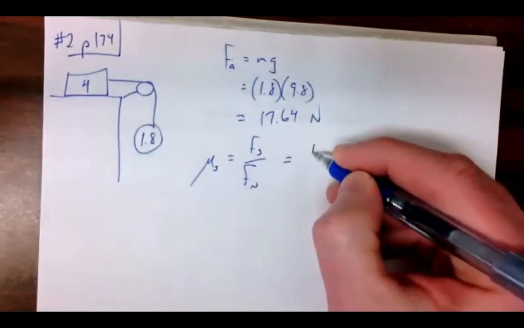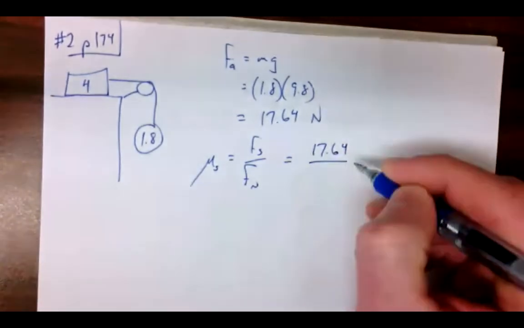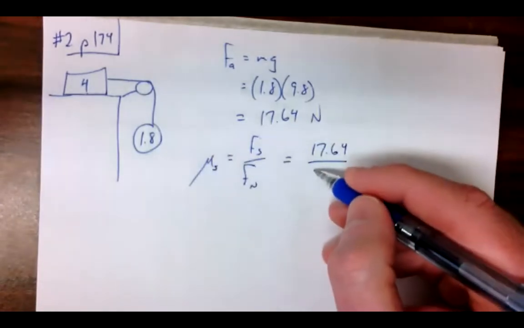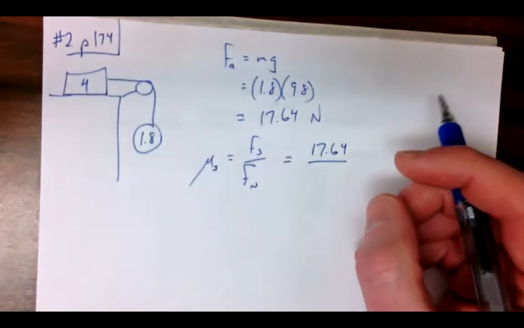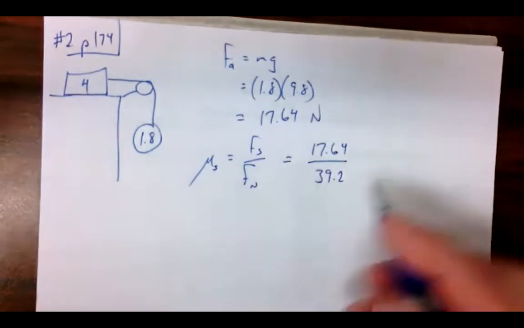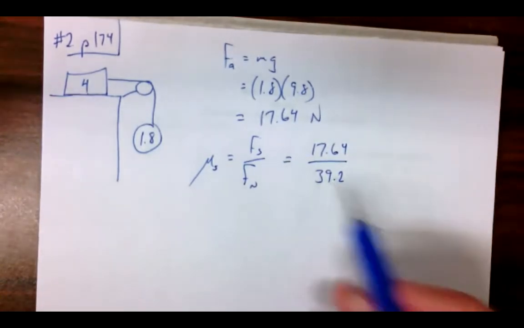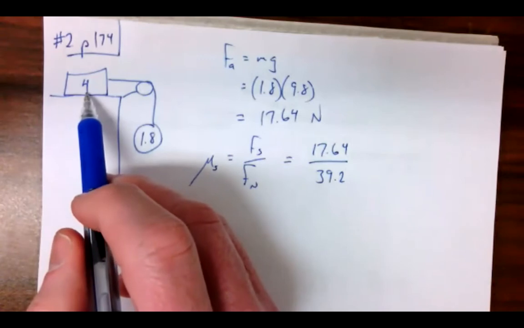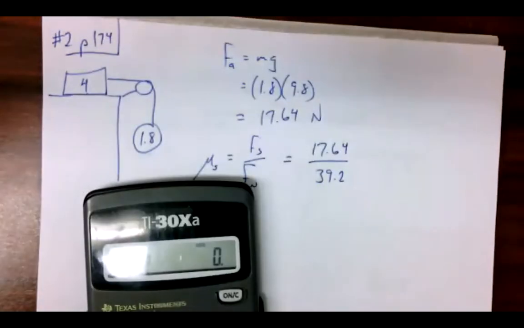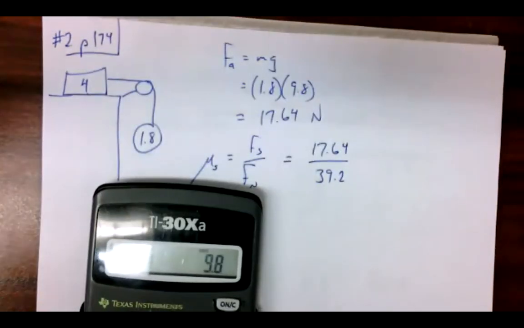So Fs max 17.64 over the normal force, which is 4 times 9.8. Well, 9.8, so that's 19.6, that's 38, so that's 39.2. That's 4 times 9.8. Okay, that's normal force, mass times gravity. And now I'm going to check the math because I'm worried I did it wrong. 9.8 times 4. No, it's good.